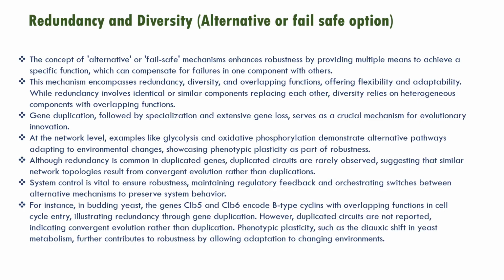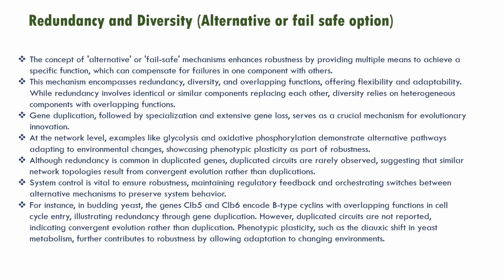While redundancy involves identical or similar components replacing each other, diversity relies on heterogeneous components with overlapping functions. Gene duplication followed by specialization and extensive gene loss serves as a crucial mechanism for evolutionary innovation.